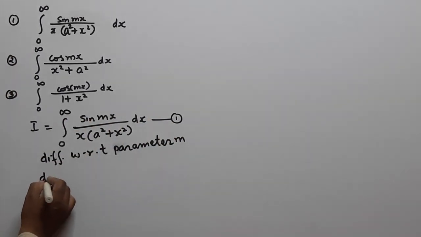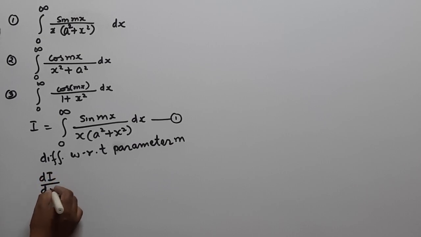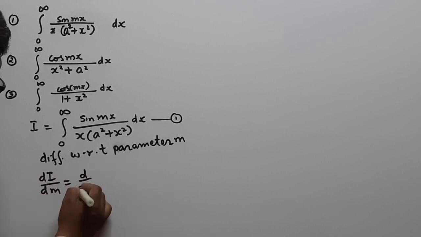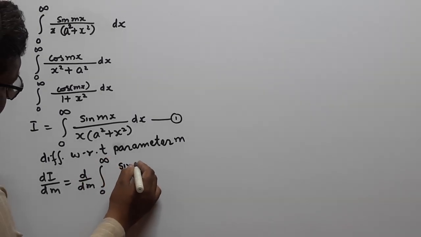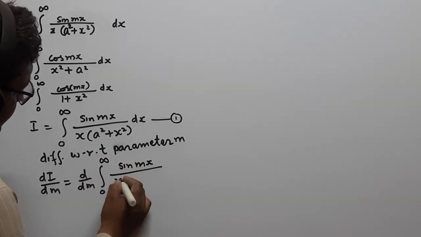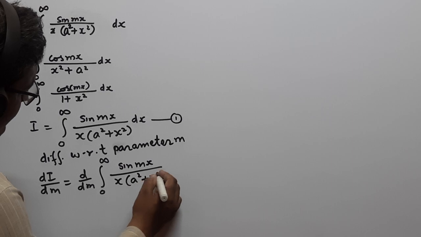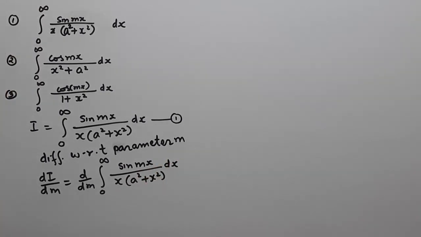So this can be written as dI upon dm, which is equal to d by dm of the integral from 0 to infinity of sin mx divided by x multiplied by a square plus x square dx.